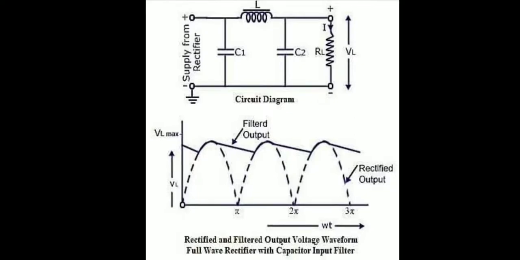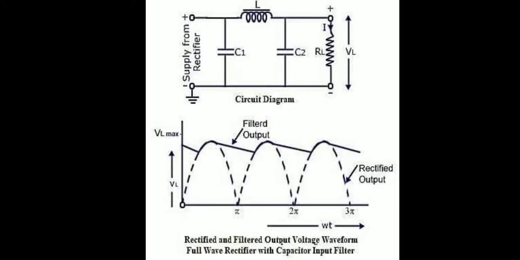Now some advantages and disadvantages of this pi filter. In advantages, the output voltage is high, the ripple factor is low, and the peak inverse voltage, that is PIV, is high. Some disadvantages of pi filter include that the voltage regulation is poor.